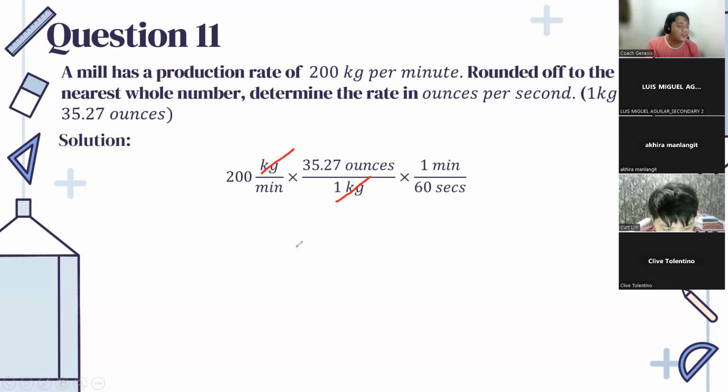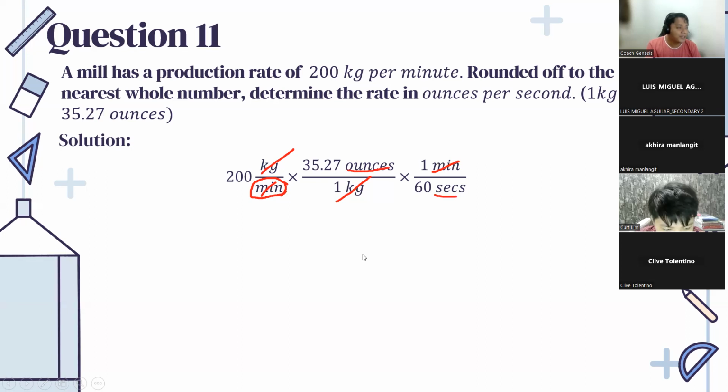Now we need to convert the per minute to per second. Since minute is here in the denominator, if you want to convert that to per second, then you just need to multiply by 1 minute over 60 seconds. So this would get eliminated, giving you ounces per second.